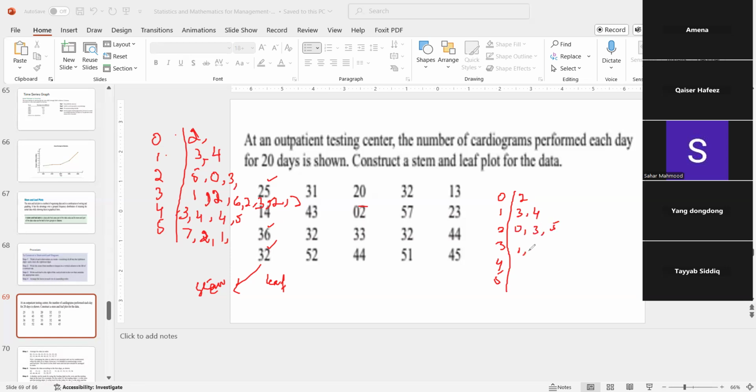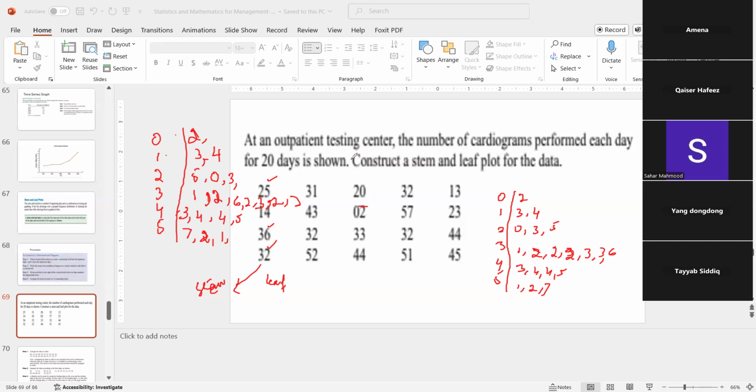Then we have 1, 2 is twice, then we have 3 for, sorry, 2 is 3 times, and we have 3 twice, then we have a 6 over here. Then for 4 as a stem, we have 3, 4, 4 and 5. Then we have 1, 2 and 7. So this is the stem and leaf chart. Let's have a look at it through slides as well.